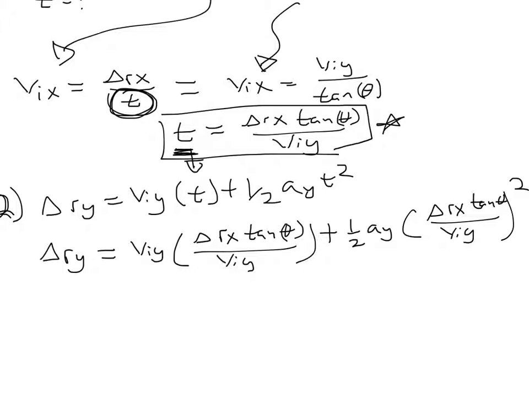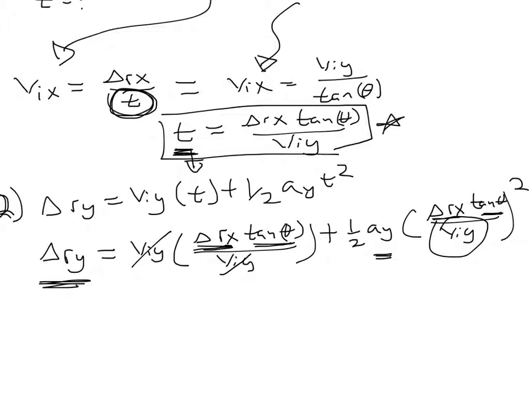So let's look through this equation. We know the change in height in the y direction, 1.8 meters. We can cancel this initial velocity in y with this initial velocity in y, and we know the change in displacement in the x direction. We know the tangent of angle theta. We know the acceleration in y, and again we know the change in displacement in x, tangent of theta. What we don't know is this initial velocity in the y direction, but we know everything else.